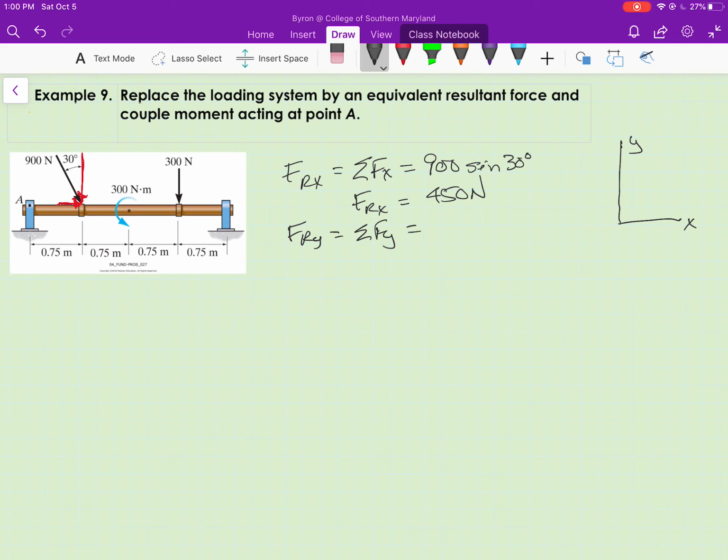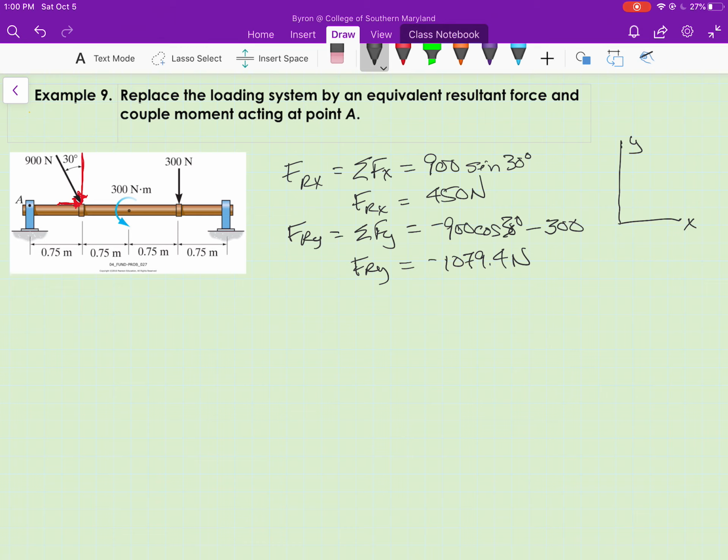So the y component of that 900 Newton force is minus 900 cos 30. And the 300 Newton force is going to be minus 300. The y component of the resultant force, therefore, is minus 1079.4 newtons.